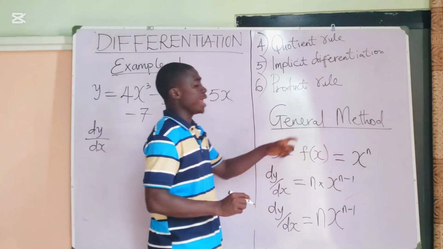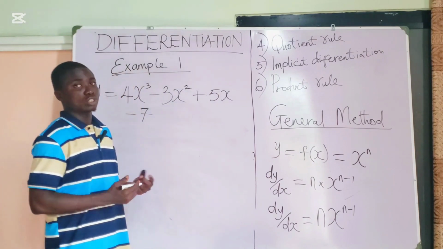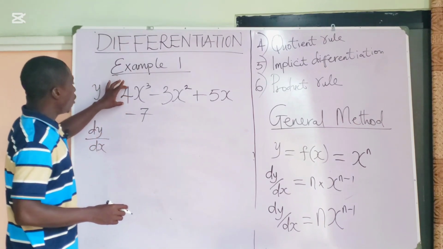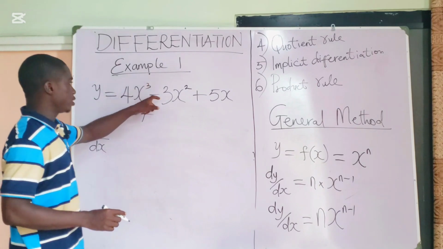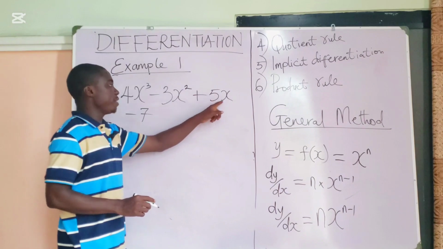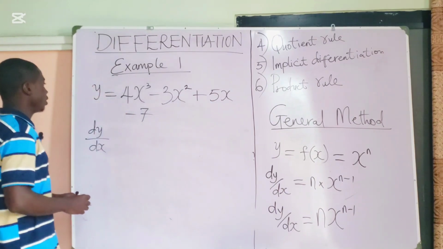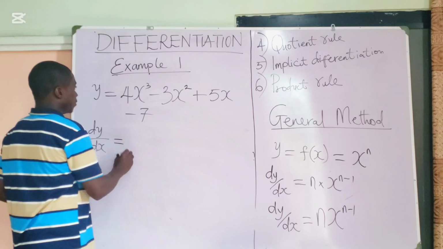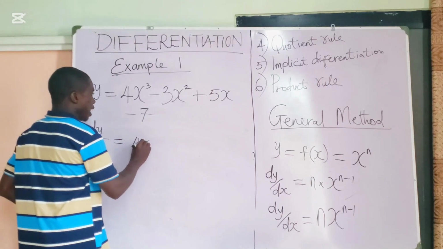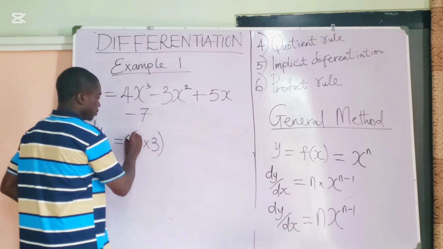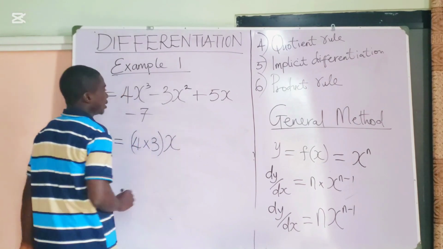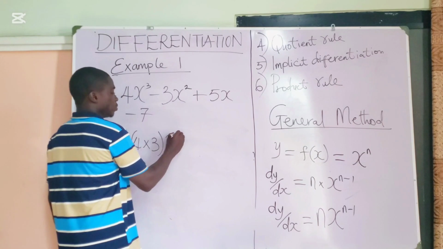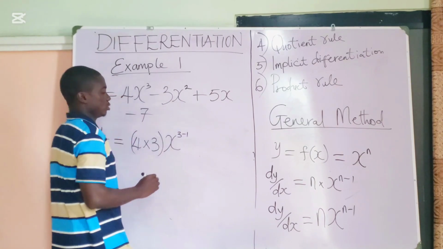You multiply x by its power and then subtract 1 from the power of x. So here we have 4x raised to the power 3 minus 3x raised to the power 2 plus 5x minus 7. For 4x cubed, you multiply x by its power, we have 4 multiplied by 3, and then you attach x raised to the power, subtract 1 from the power of x, we have 3 minus 1.